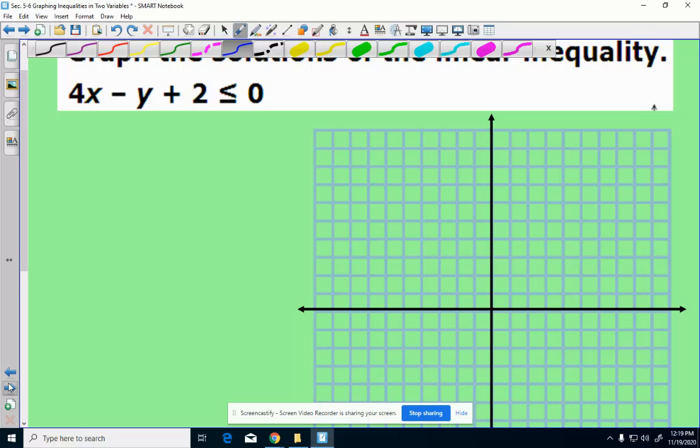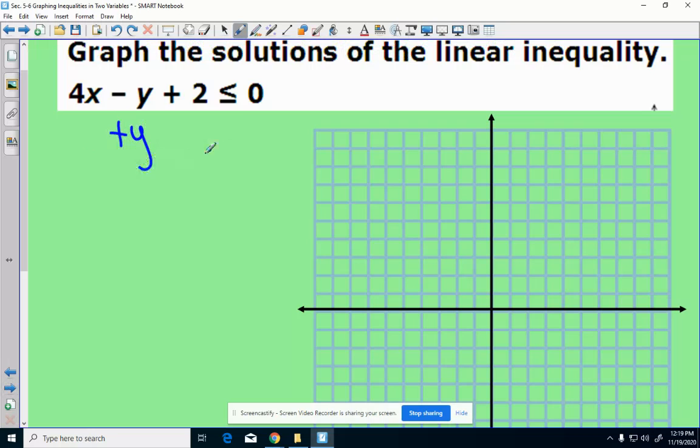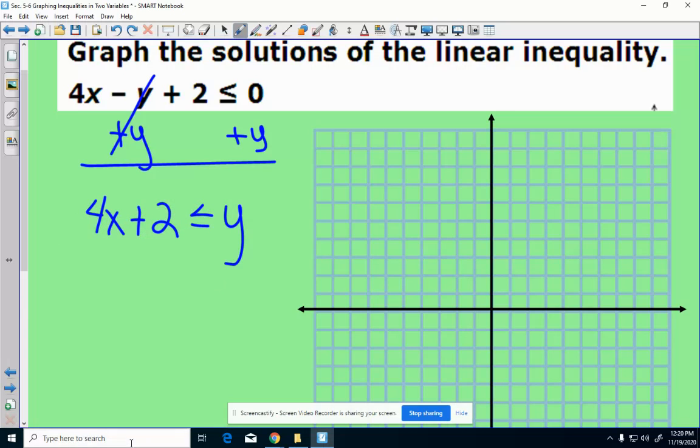All right. Now, I think the easier move here would have been to just move the y to the other side. You would have had y by itself and already positive. Stop with the pens. Now, that leaves you with 4x plus 2 is less than or equal to y.